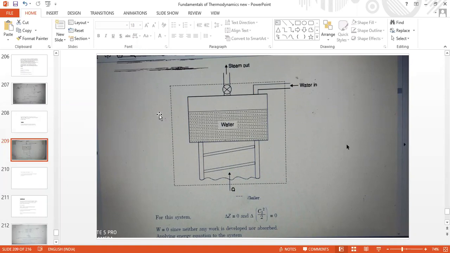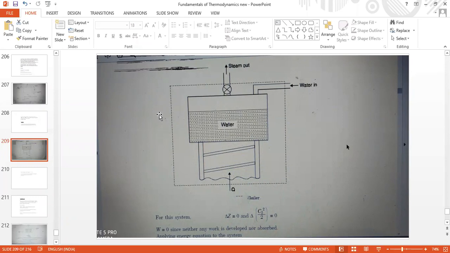So the devices which don't deal with work and which deal with heat only are called heat exchangers in general. Remember this.